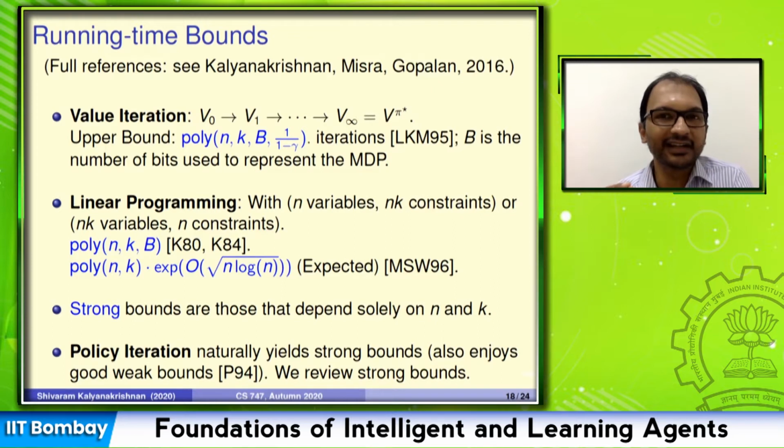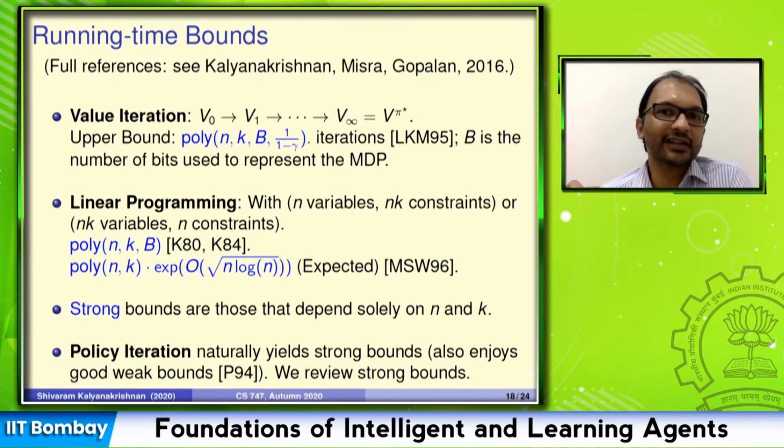One thing to mention is that policy iteration still has not been shown to have sub-exponential bounds. The tightest strong upper bounds for policy iteration are still exponential in the number of states. It's something to the n, n being the number of states. It's not something to the square root of n or any other little o of n function.